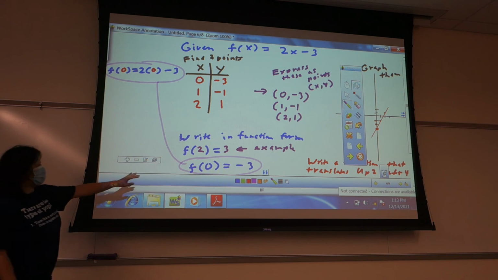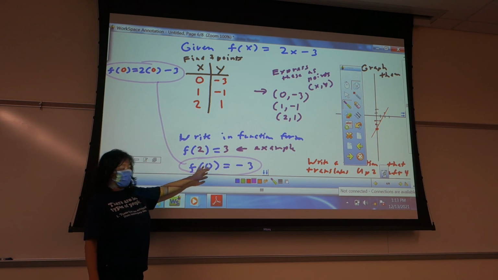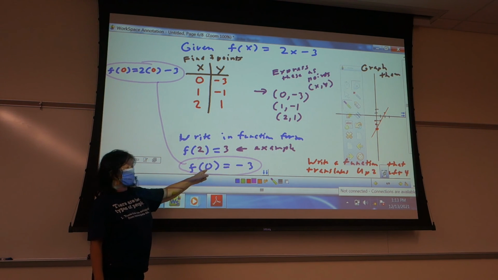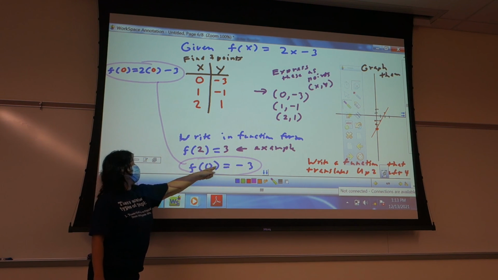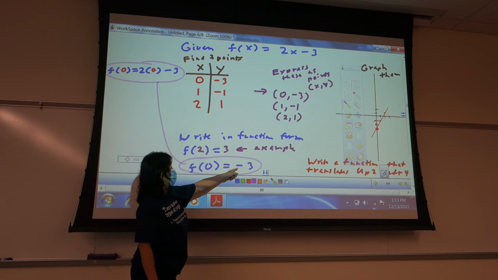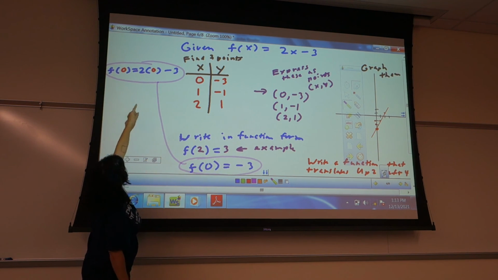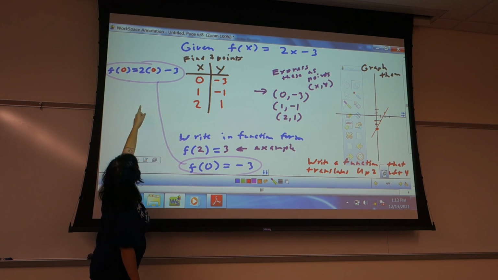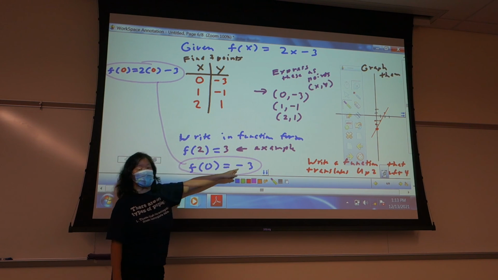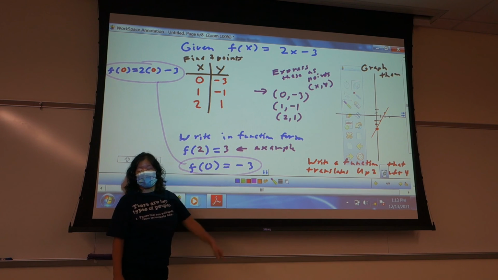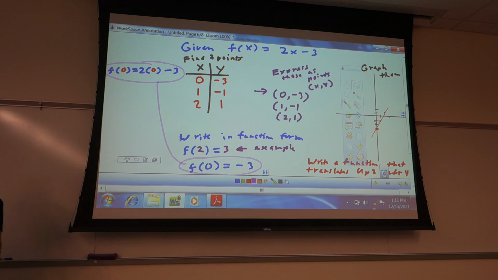So this is your y when x is 0. When x is 0, my y is negative 3, because if I put in 0 for x, I'll end up getting negative 3. That's how these functions work.